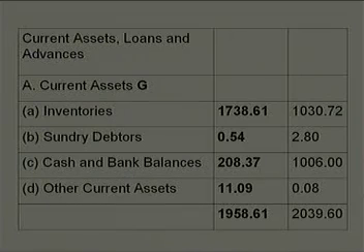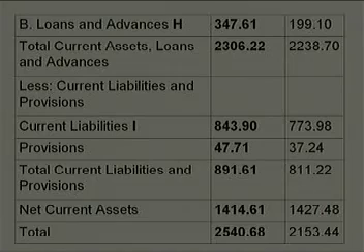So all this information will be listed in the balance sheet. Then you have again loans and advances. The previous loans and advances we discussed were long term loans. Now these are short term loans. For example, current liabilities, then provisions, you might have kept certain provisions for taxes.